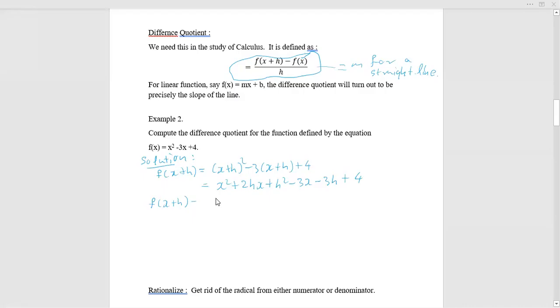Okay, we are calculating this ratio, the difference quotient.